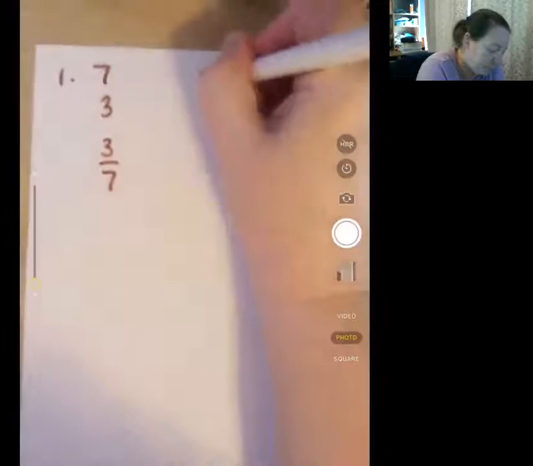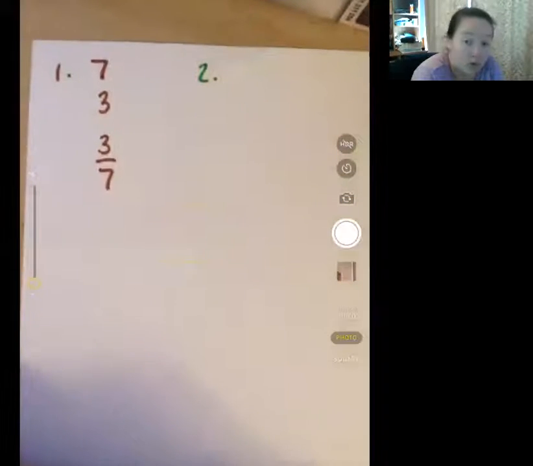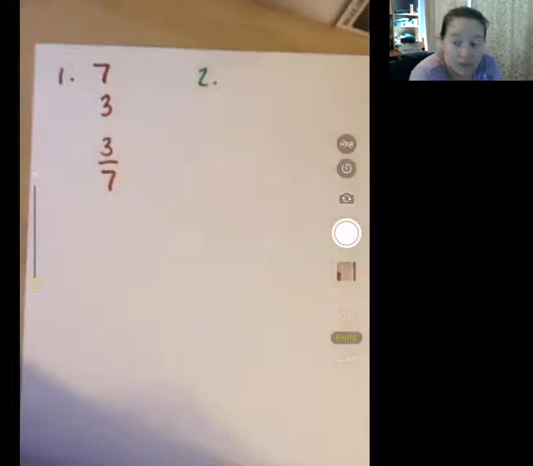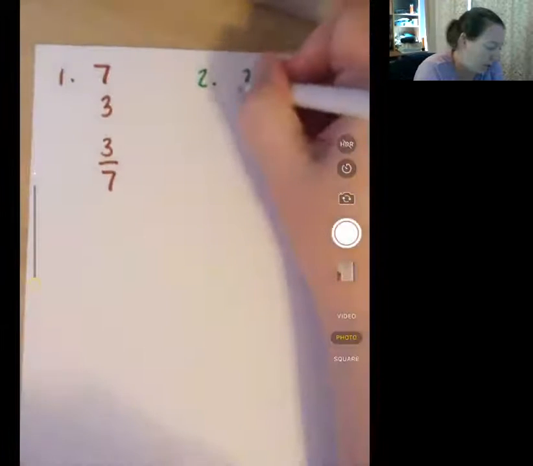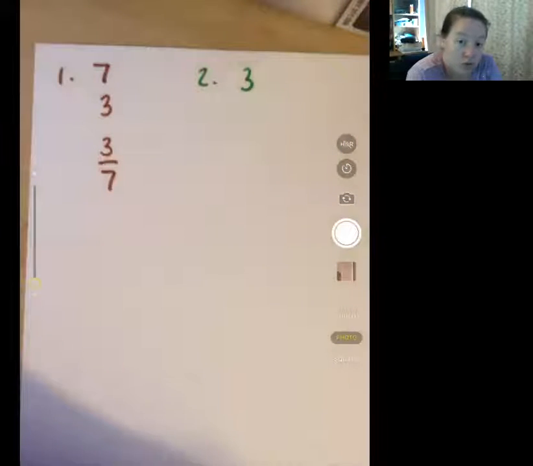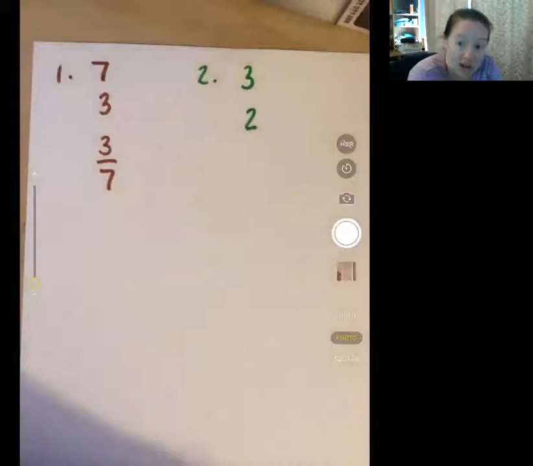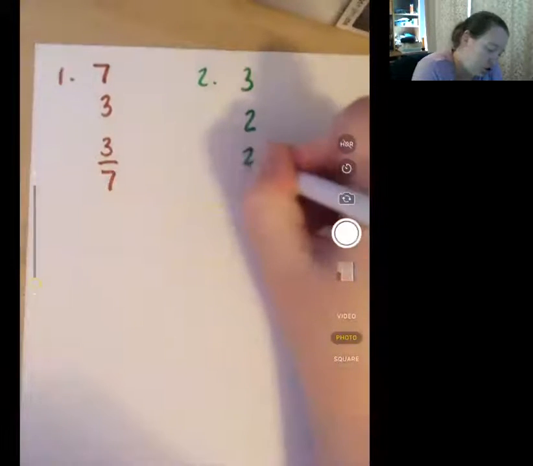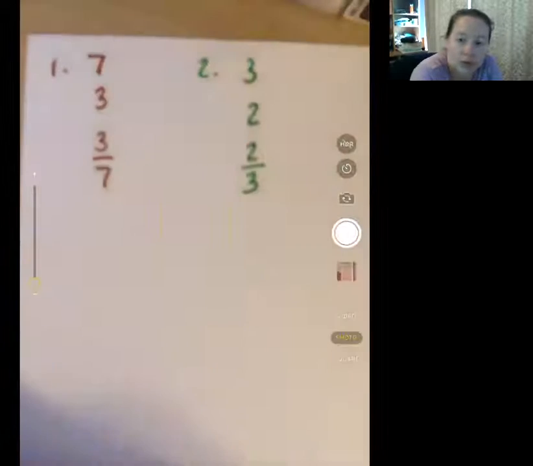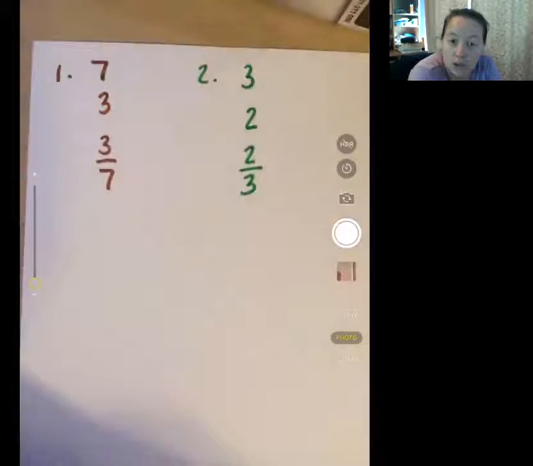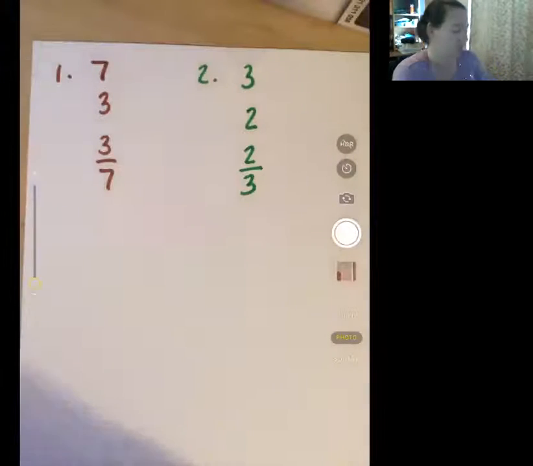Number 2, the total number of groups that they have are 3. The total number of shaded groups that they have are 2. So the fraction is 2 out of 3, 2/3. That's our fraction for it.